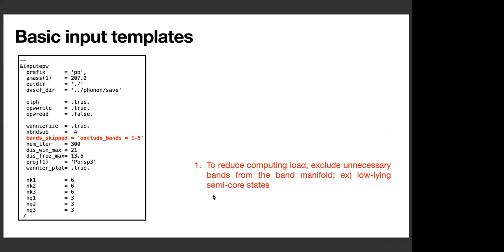As you know, in some cases you need to study systems with low-lying semi-core states, and in most cases the contributions from these low-lying semi-core states are not important for the physical quantities of interest, so you always need to exclude these low-lying states by using this input flag and specifying the list of excluded bands.